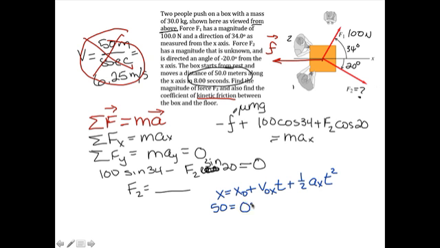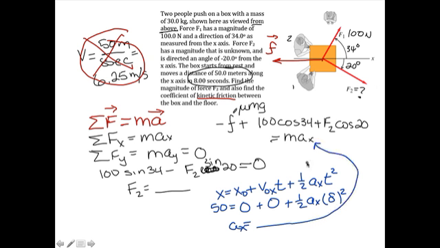It starts at position 0. It starts from rest. And then 1/2 a_x, what we would like to solve for, and then the time is 8 seconds. And so the acceleration, you can solve for that. So that's your a_x. And then this goes into here, and you can solve for the coefficient of kinetic friction, which is the only thing that you don't know.